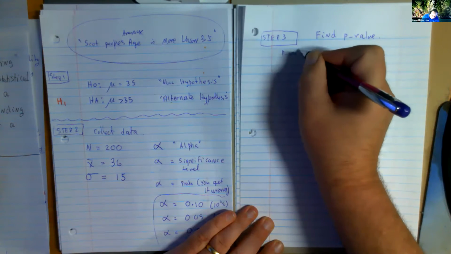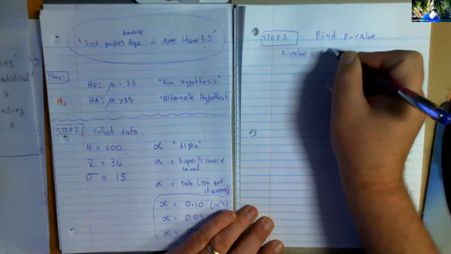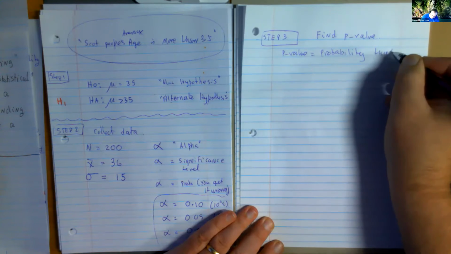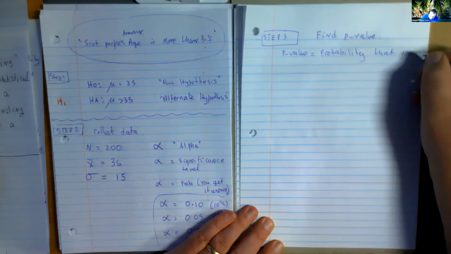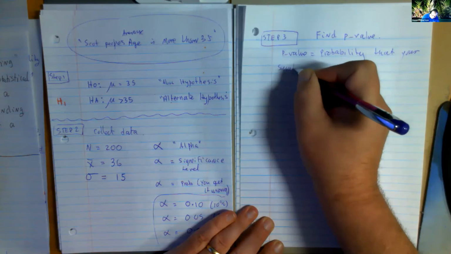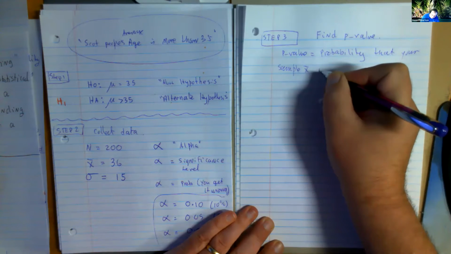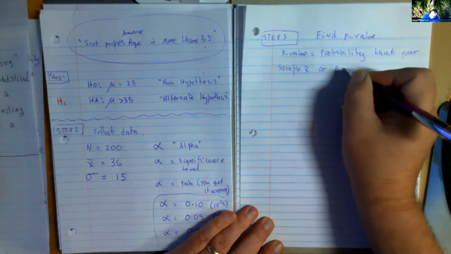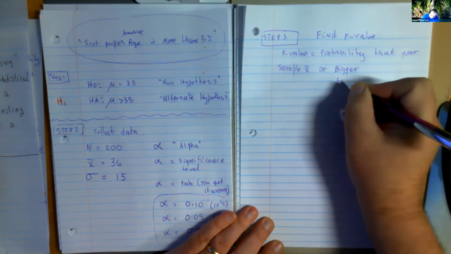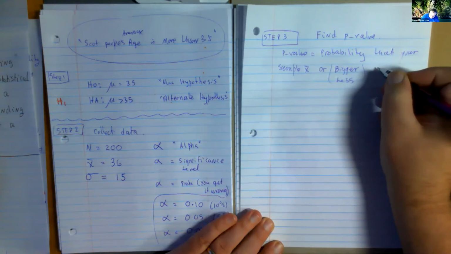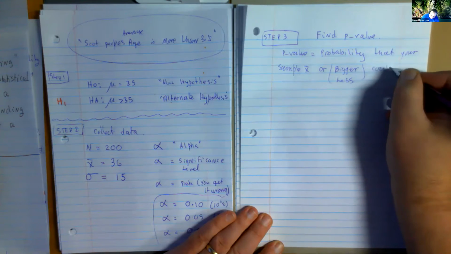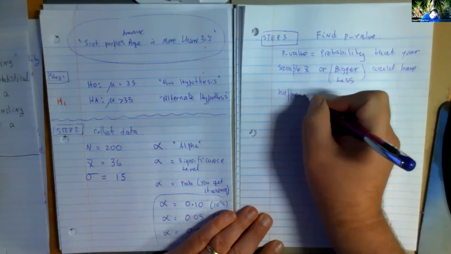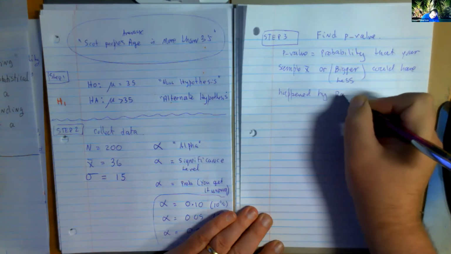And the p-value is essentially the probability that your sample, X bar, or bigger, or sometimes less, depends on the story, could have happened by random chance.